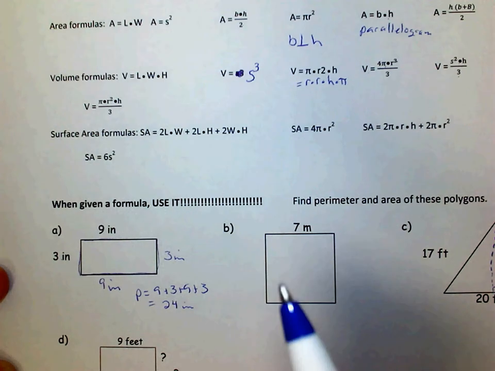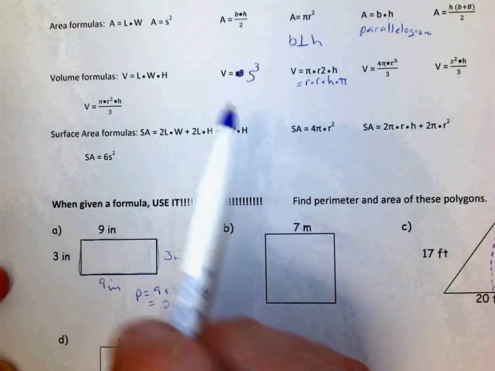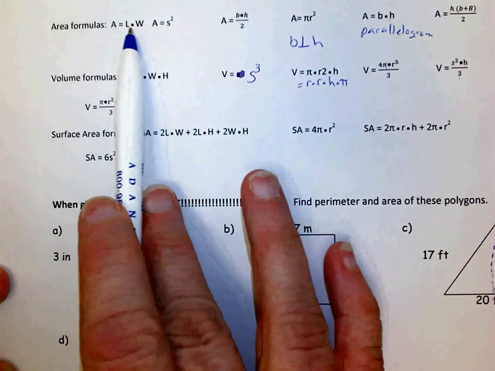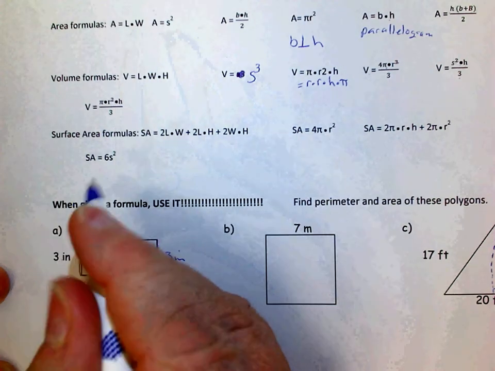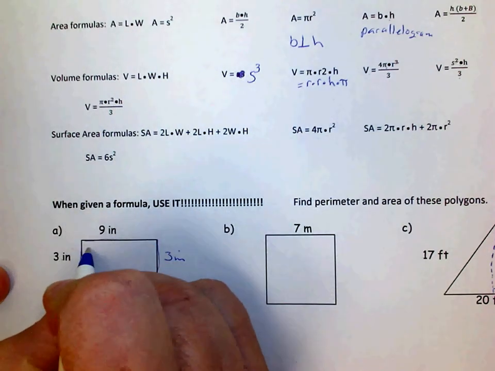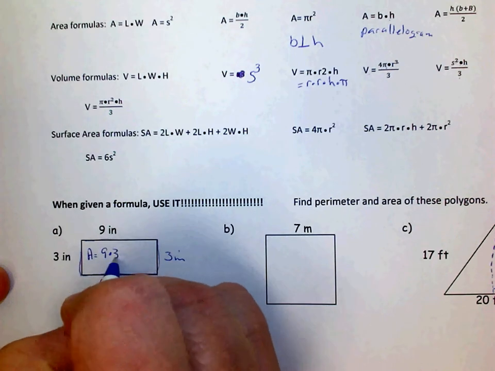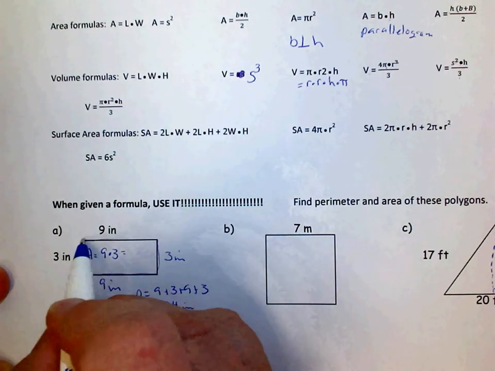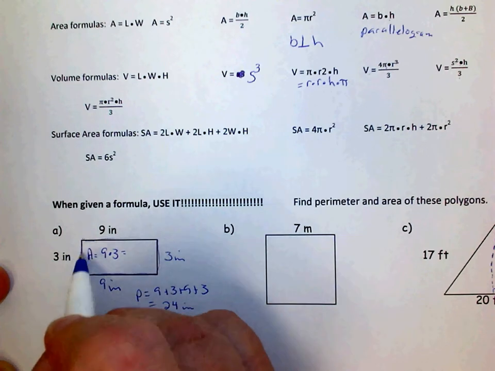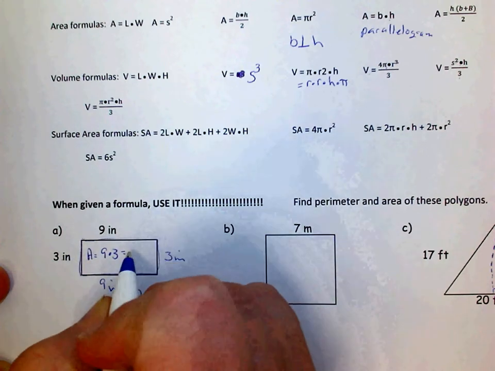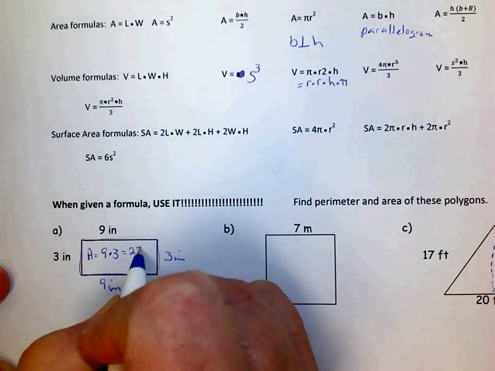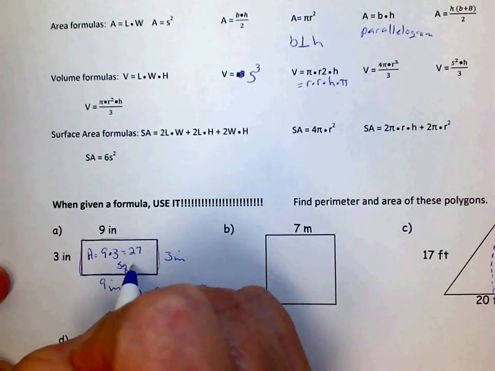Now, area of a rectangle, length times width. So area is 9 times 3. And because you're doing distance this direction and this direction at the same time, we get square inches.